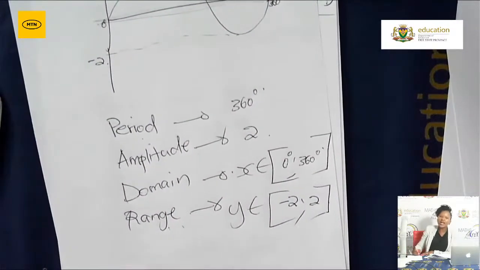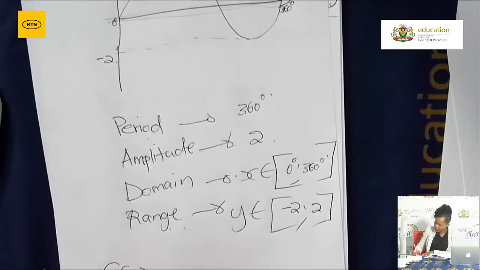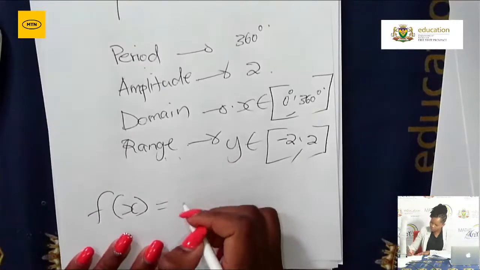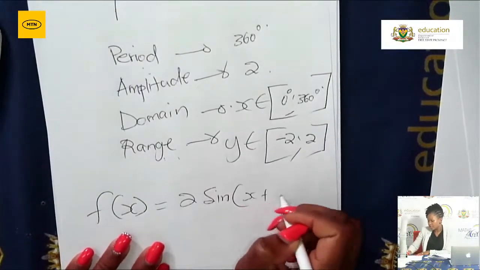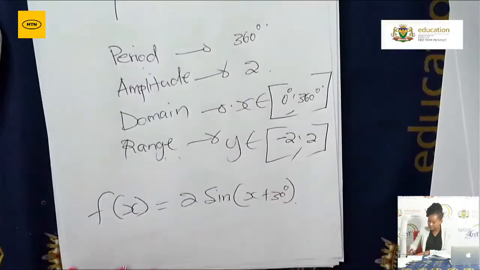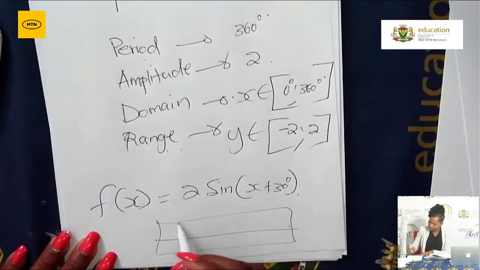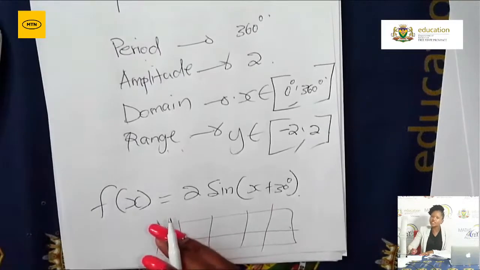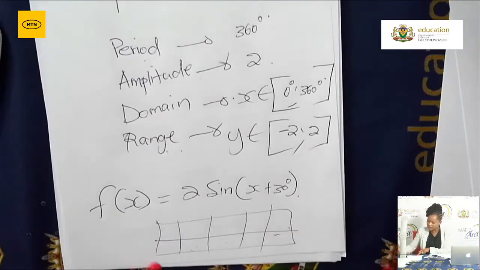Right. When it comes to sketching, suppose you are given f at x equals 2 sine of x plus 30 degrees. You can use a table. You can use a table which in the question paper will be provided with intervals.